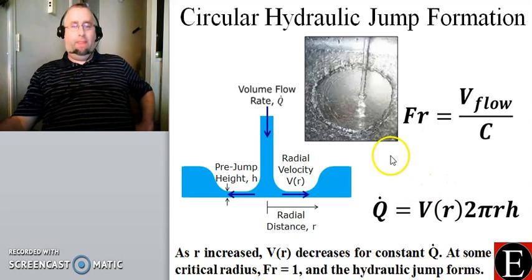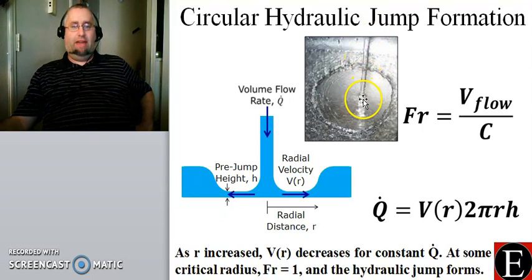So here is just a picture of a sink, and you have probably produced a number of hydraulic jumps every day of your life. You produced hydraulic jumps without even realizing it or knowing what to look for, because every time you turn on water in a sink, you essentially create a radial hydraulic jump.